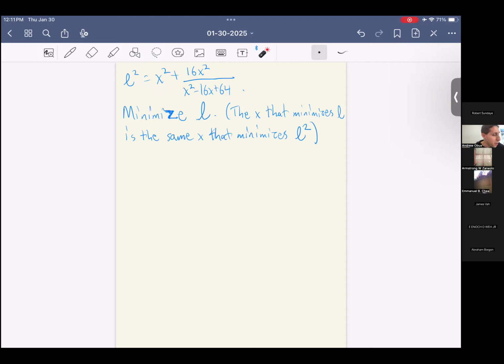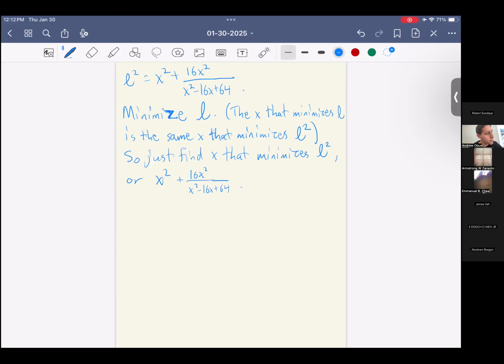So instead of having to take a square root at all, we can just find the x that minimizes L squared. That's good enough. L squared from this expression is x squared plus 16x squared divided by x squared minus 16x plus 64.